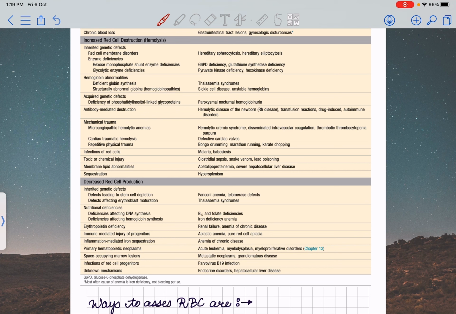Inherited genetic defects: Fanconi's anemia, telomerase defect, thalassemia syndromes. There could be nutritional deficiencies. The body does not have sufficient vitamin B12 and folate. There could be erythropoietin deficiency. Why? Due to renal failure, leading to anemia of chronic disease. The kidney is not able to function properly. Hypoperfusion can occur. Space-occupying marrow lesions can be there.